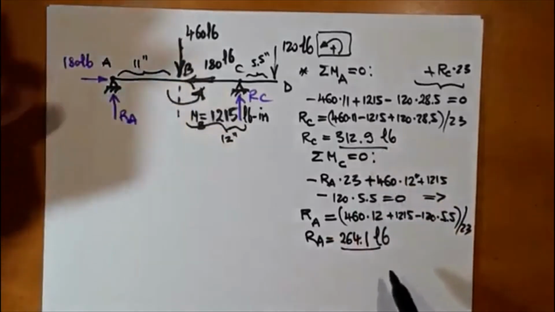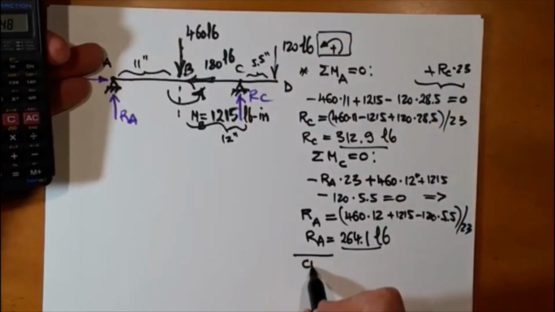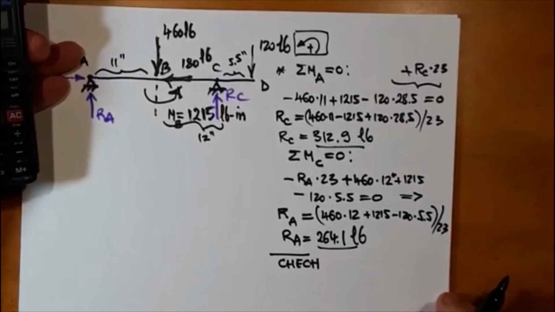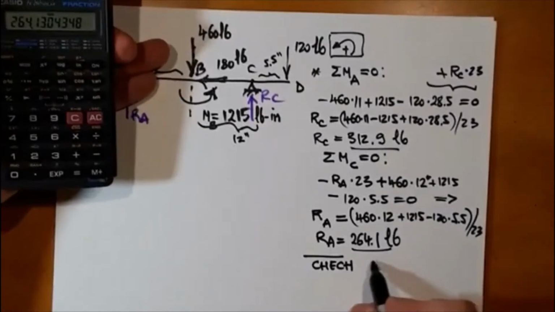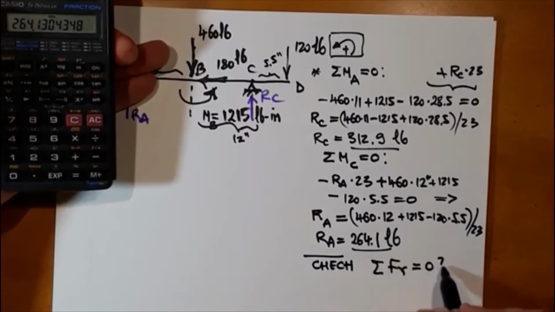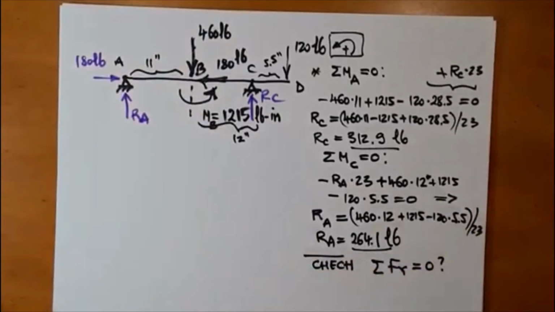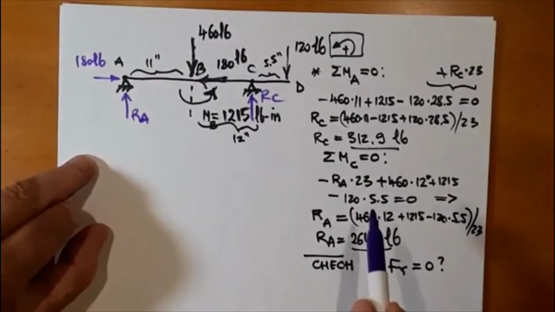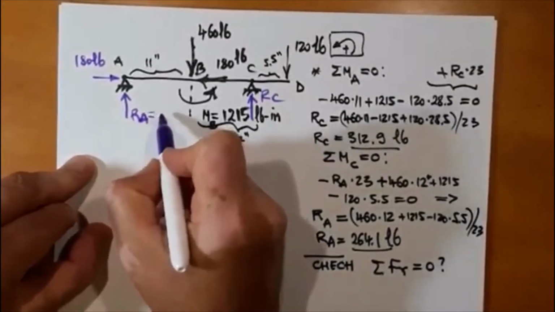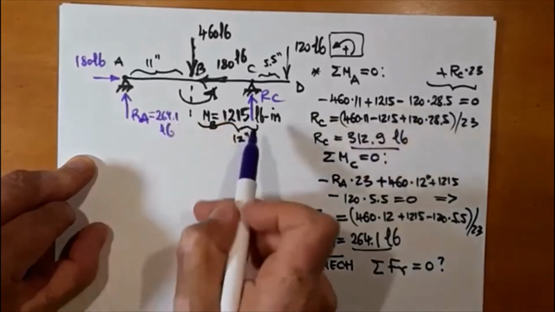Looks like we are going to sum forces for verification, so check. I'm summing forces in the y direction to see if it's 0. So let me further populate the drawing. We've got RA, 264.1 pounds.